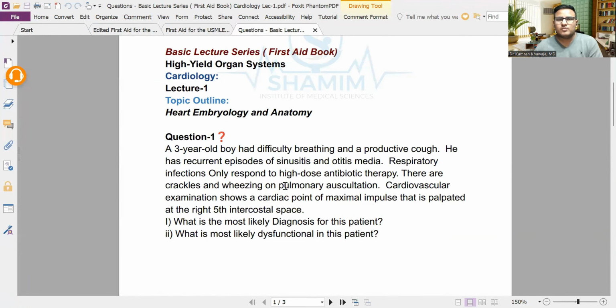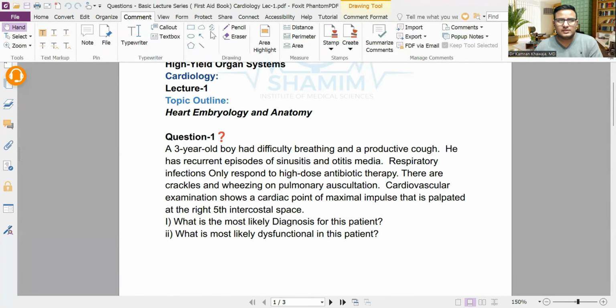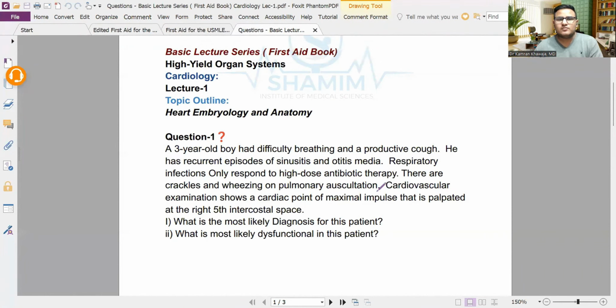And the very important point I want to highlight here, no one told me this point: dextrocardia. The cardiac point of maximal impulse is palpated at the right fifth intercostal space. Normally, we palpate in the left intercostal space, not in the right.